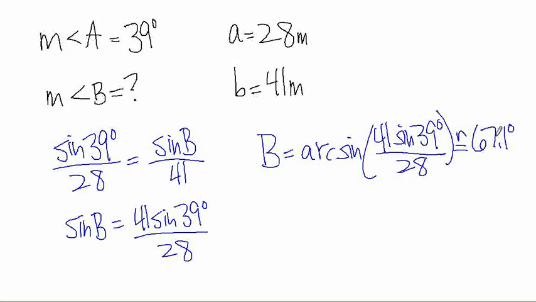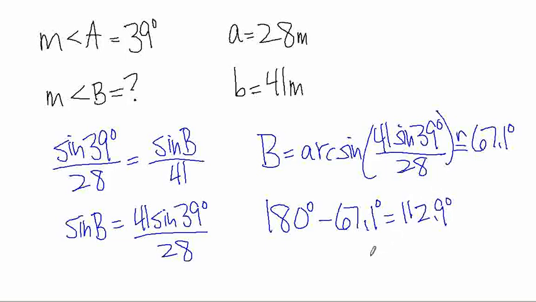Now, that is not the only angle measure with the necessary sine value. Another possible solution is 180 degrees minus that solution. 180 degrees minus 67.1 degrees. So, in other words, 112.9 degrees. Okay?